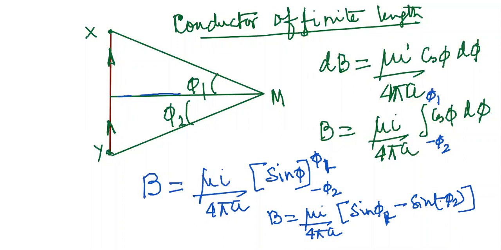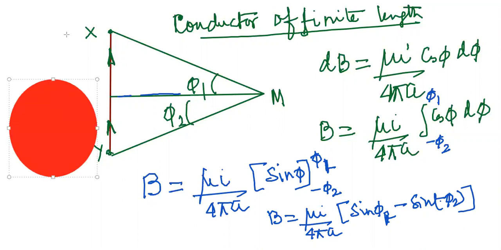So the final expression for the magnetic field due to this finite current carrying conductor can be written as: B equals mu I by 4 pi a into bracket sine of phi 1 plus sine of phi 2.